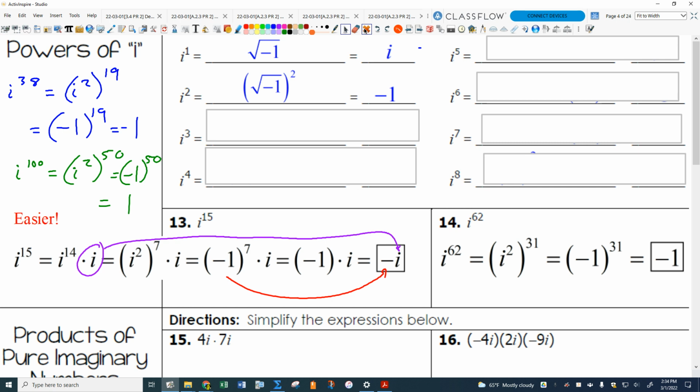What's that going to be? Negative i. How come? Because it's i squared times i to the 1, isn't it? So I'm going to get negative 1 times i, which is negative i. What's i to the 4th going to be?